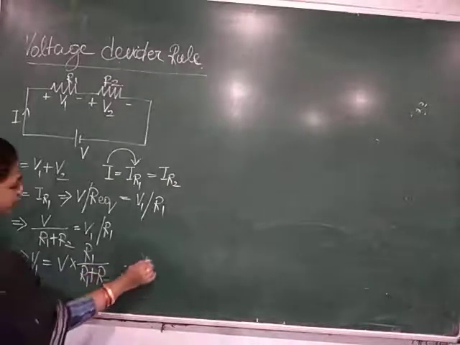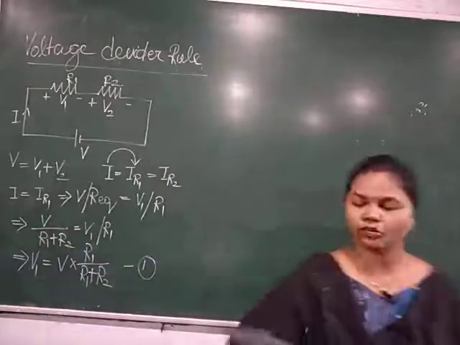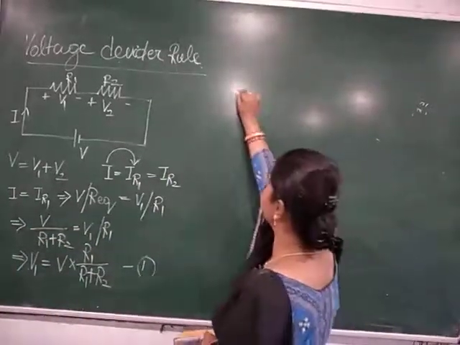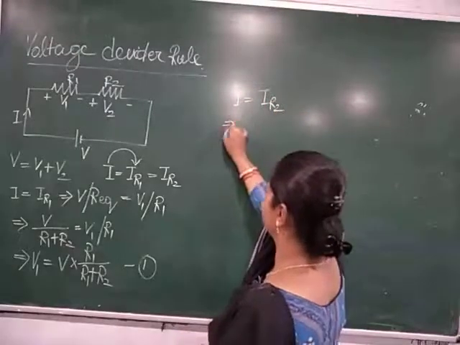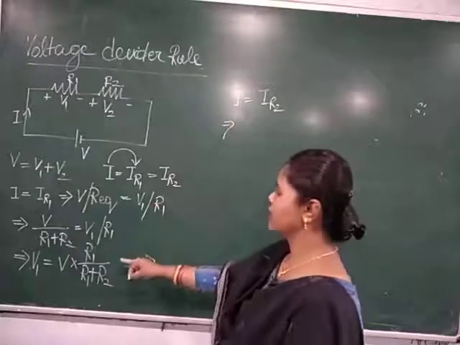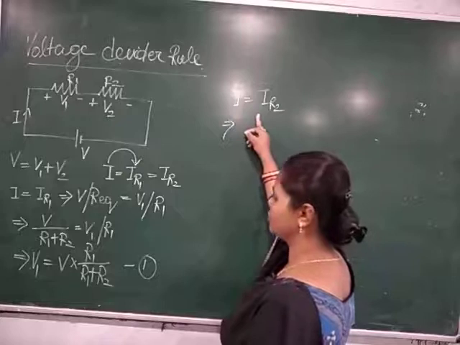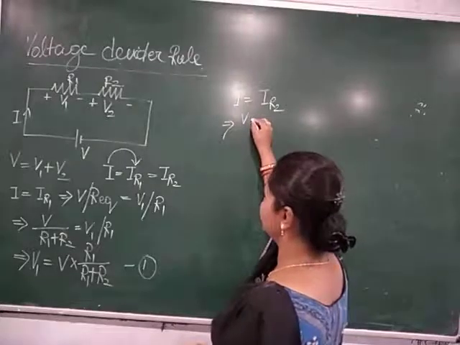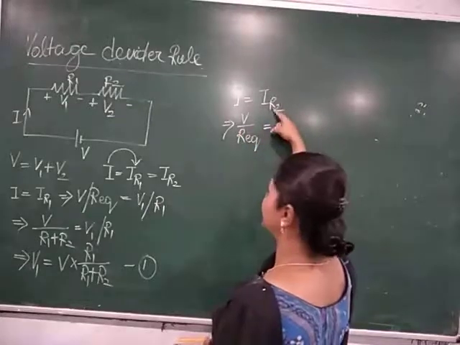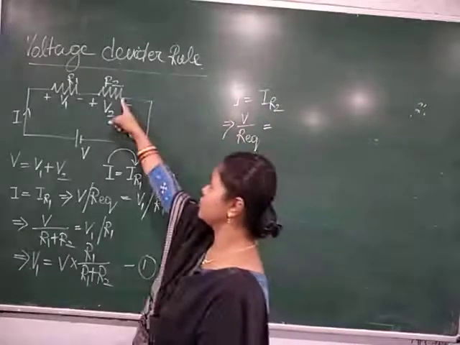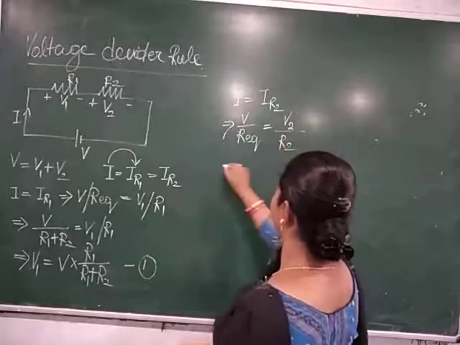This is equation 1. Then for finding V2, you compare the total current with the current flowing through R2. Here, how I found V1, like that you find V2. Total current is V by R equivalent, and the current flowing through R2 by using Ohm's law is V2 by R2.